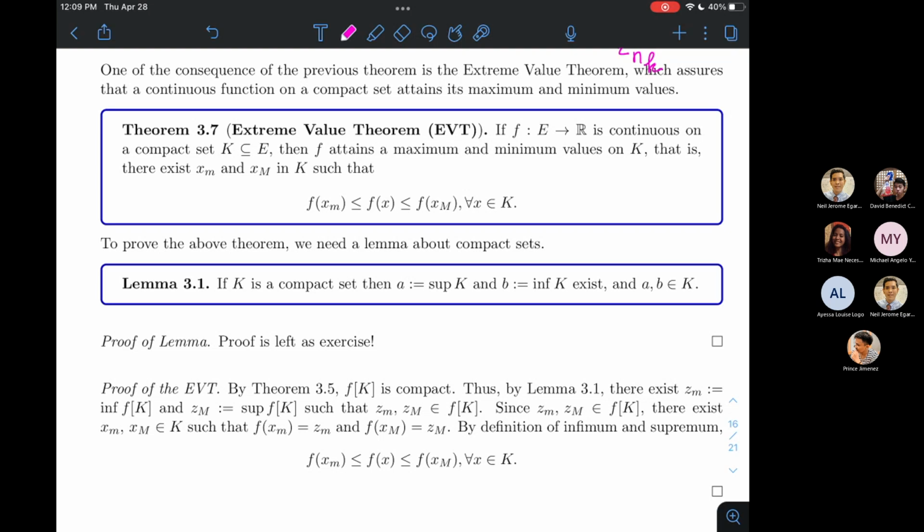Ano ba yung sinasabi ngayon? Or paano natin i-state ang extreme value theorem ngayon? Well, it is stated this way.